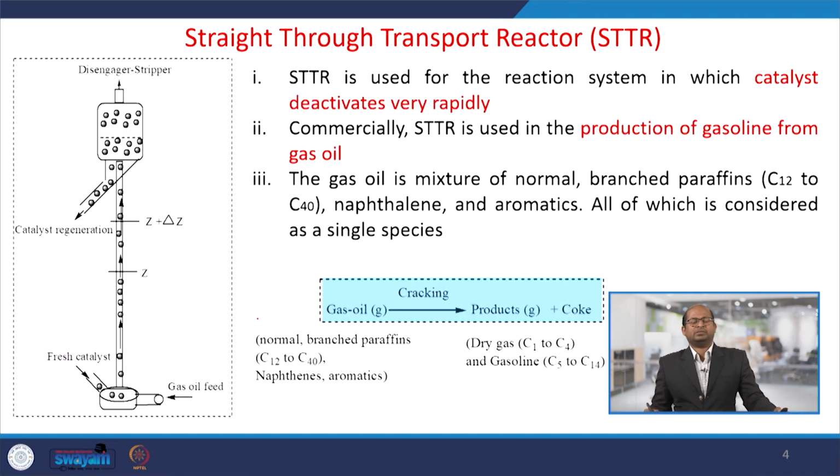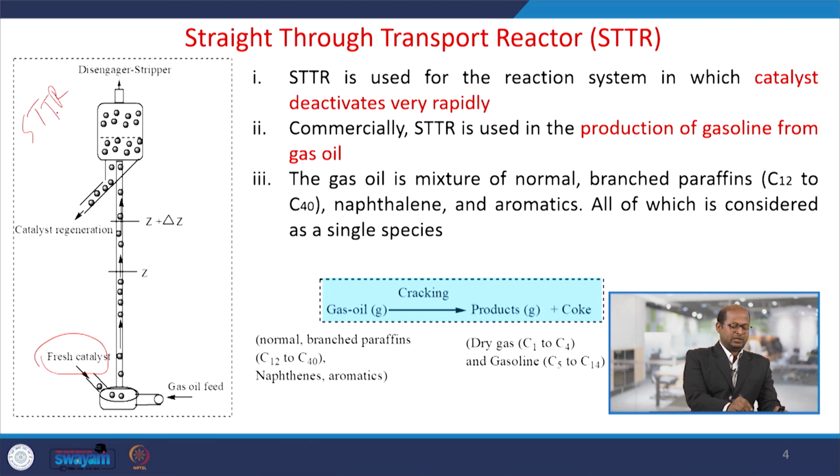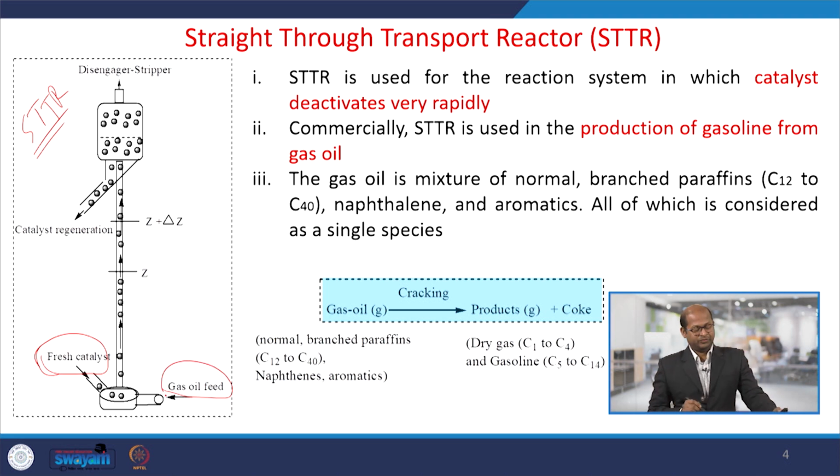So, how is the straight through transport reactor arranged? Here you can see a fresh catalyst; this is a straight through transport reactor, STTR. Fresh catalyst will be charged at the bottom of the reactor, and gas oil, the reactant, would be fed at the bottom.